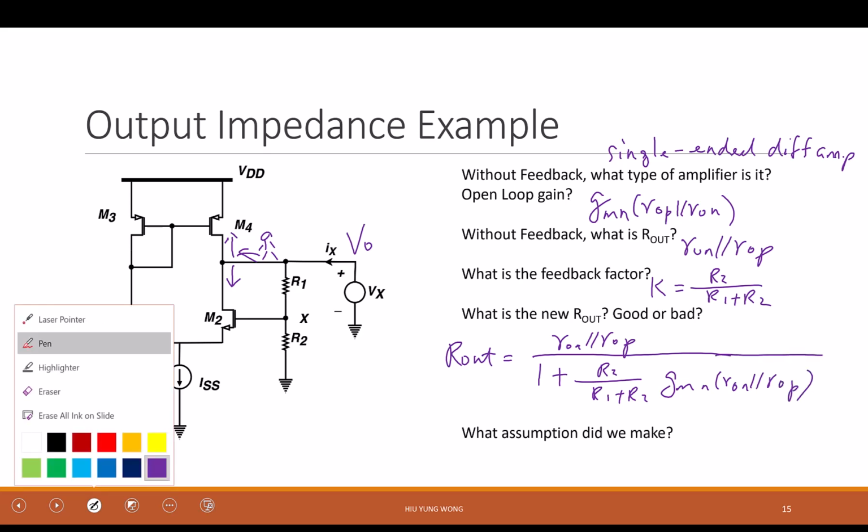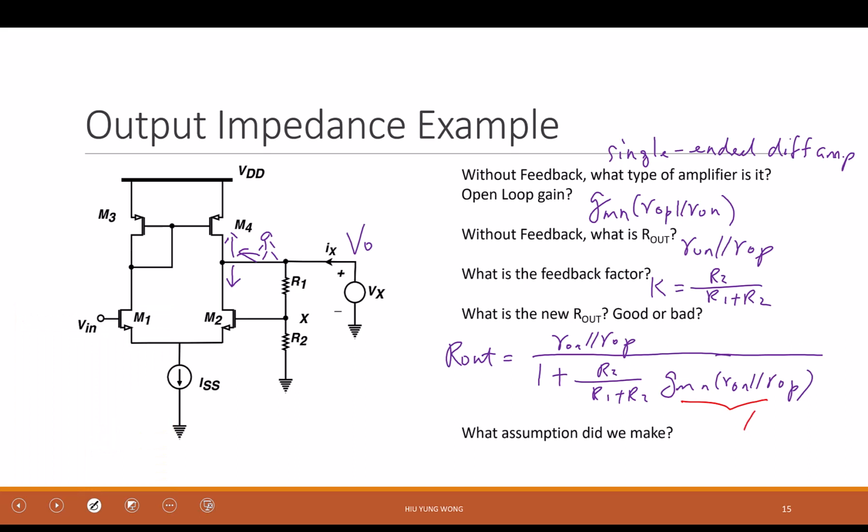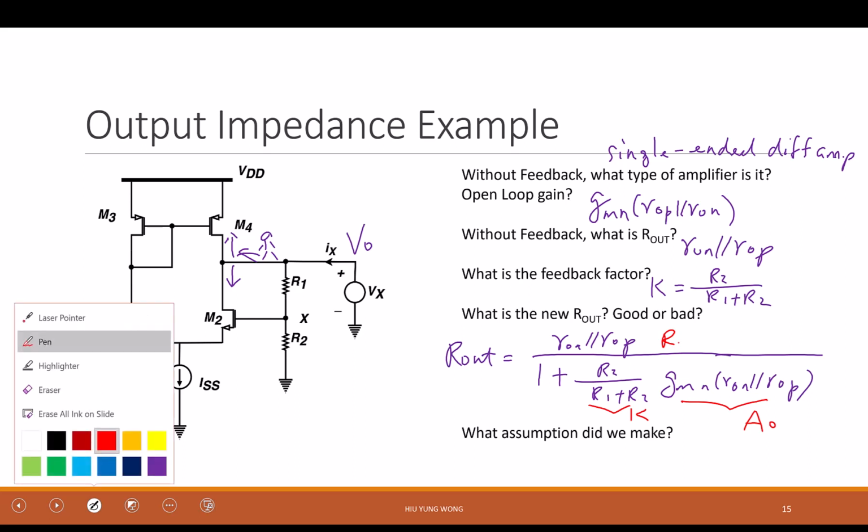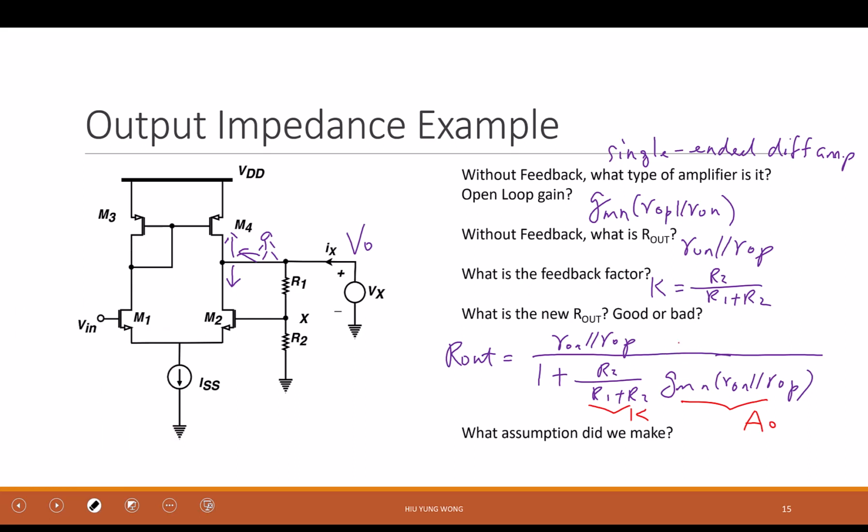Make sense? Because this is A0, this is K, and this is R. I'm not going to label this R out before any feedback. No, it doesn't need to be negative feedback, because if it's not, then this will be negative.